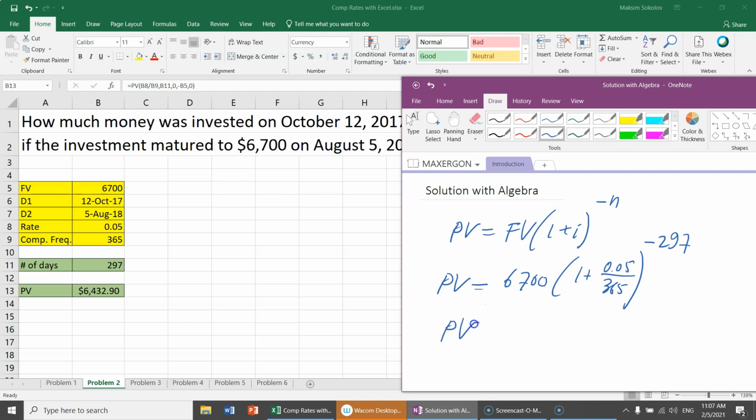If we compute this present value, we'll obtain 6,432.90, which is exactly the same answer as we obtained with Excel. Let's proceed to the next problem.